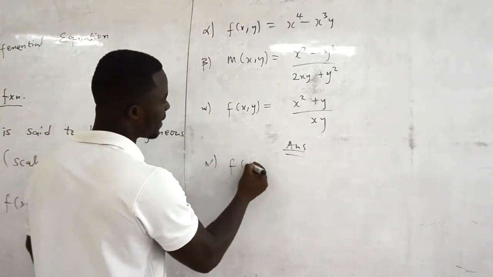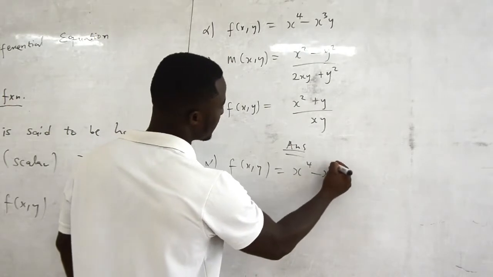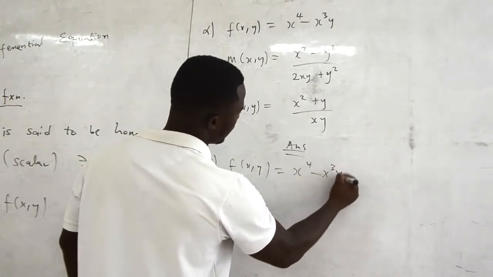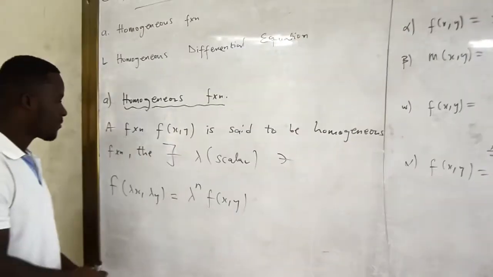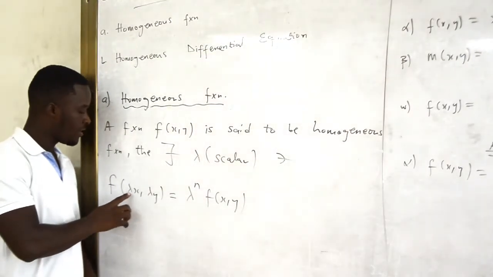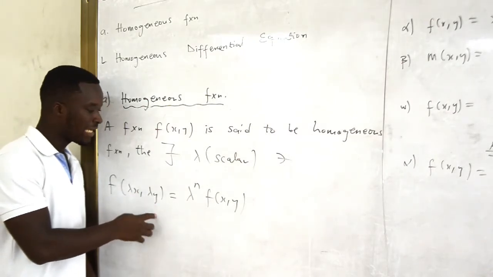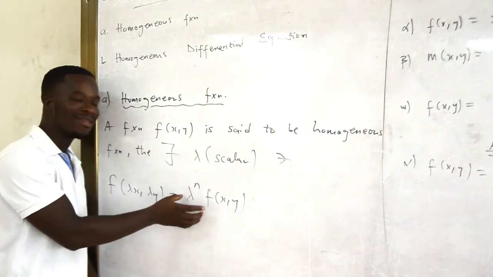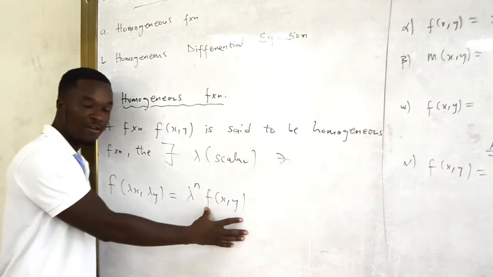I have f of x, y equal to x to the power of 4 minus x to the power of 3 y. A function is said to be homogeneous if I multiply x by lambda, y by lambda, and I'm able to factor out lambda to the power of n. This n is the degree of the function.